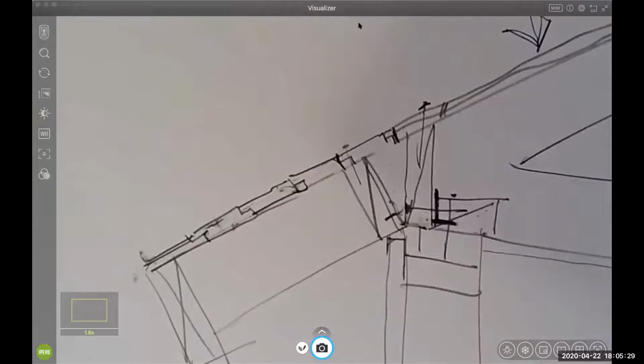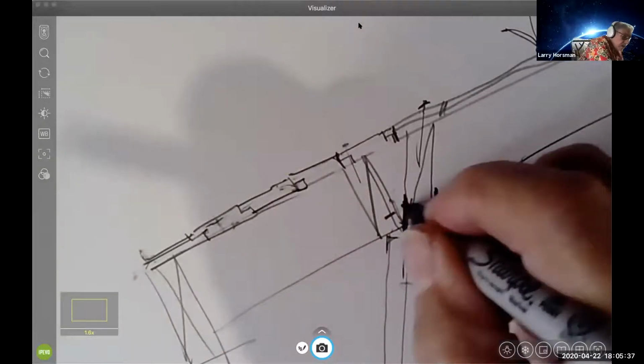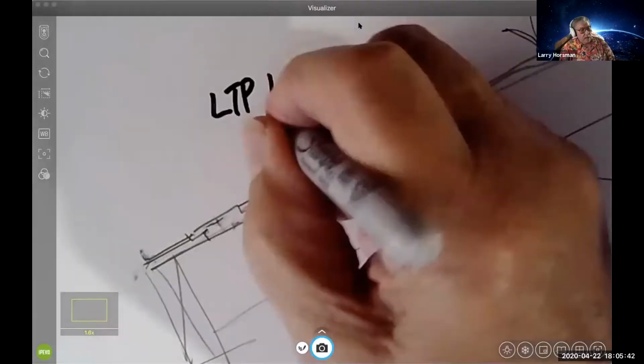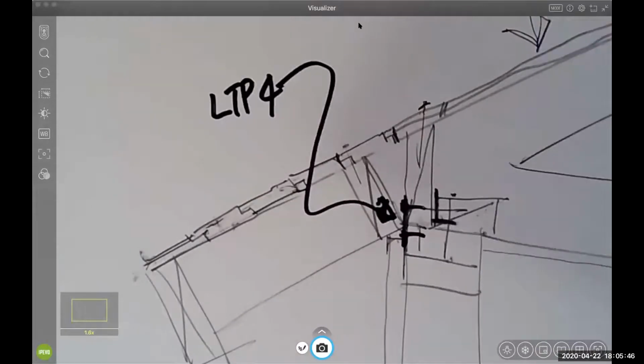The L2B4s, right? Yeah, and that would be another way to get that shear panel.